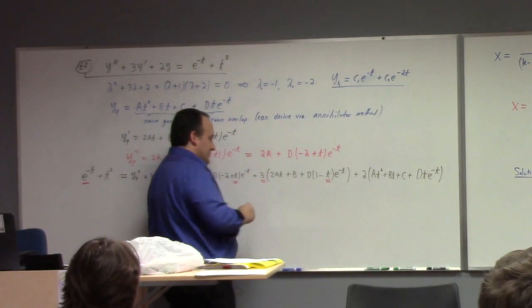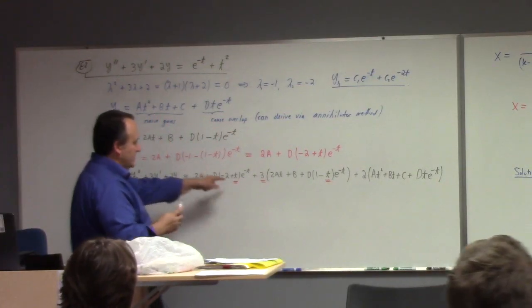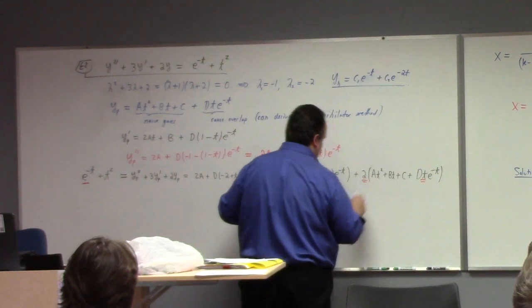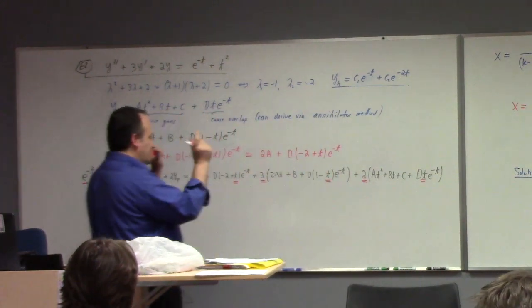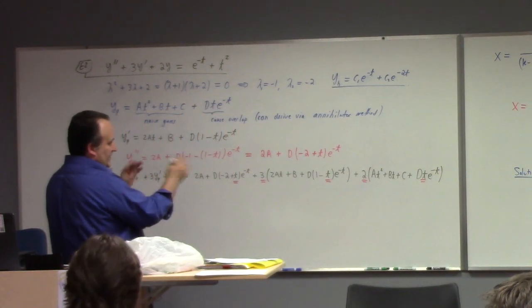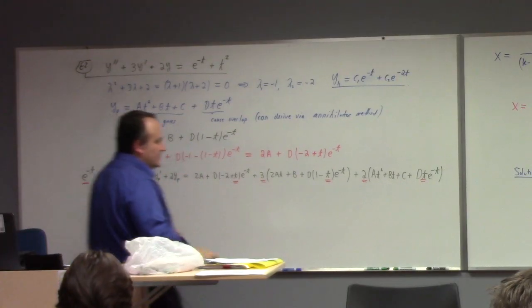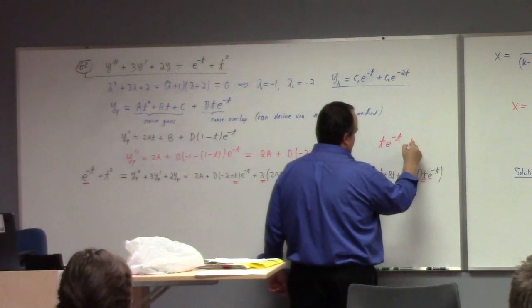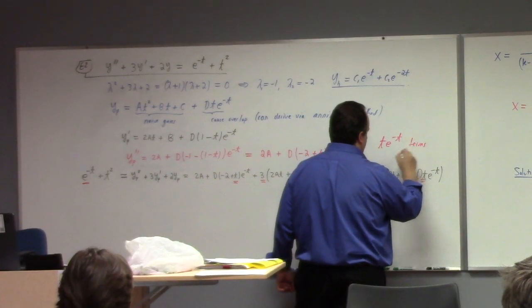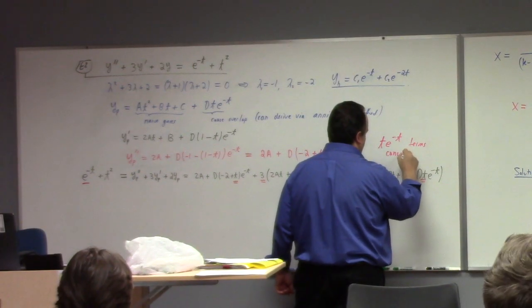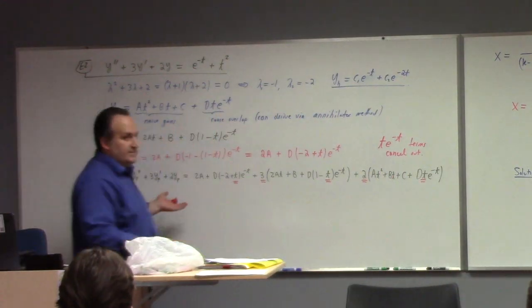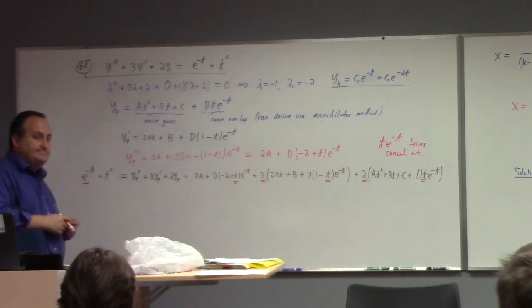That 3 matters. So I get a plus 1, and then I get a plus 2 over there, so that gives me 2 plus 1 is 3. 3 minus 3, 0. The t e to the minus t terms cancel out. If you do this wrong, that won't happen.